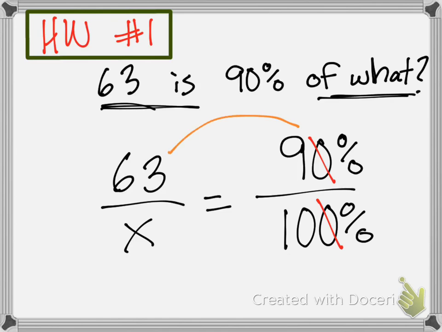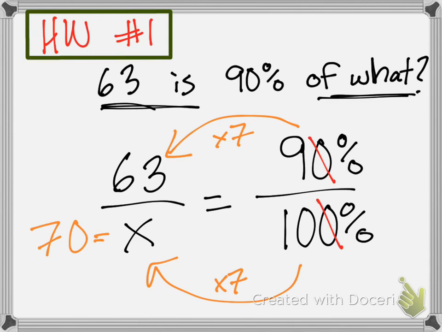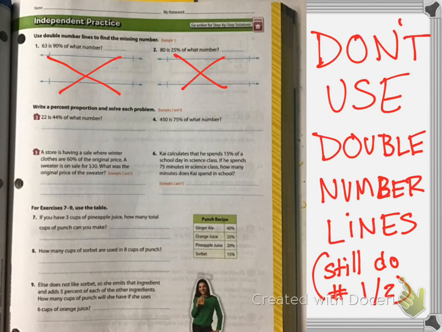Yeah, times 7. So we do the same to the bottom. What do we get x equal to? 70. Exactly. If you can't make 90 go into 63, simplify. So on your homework, 70.